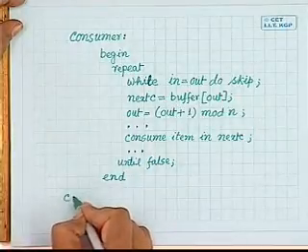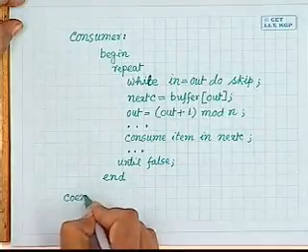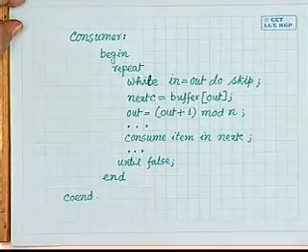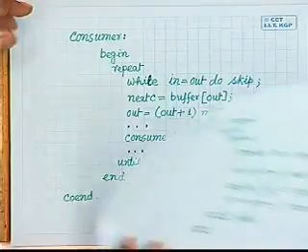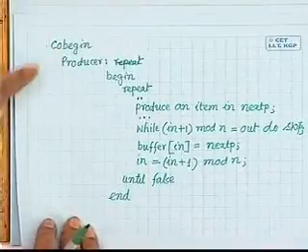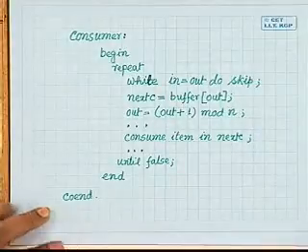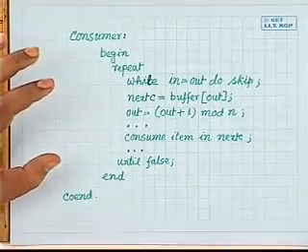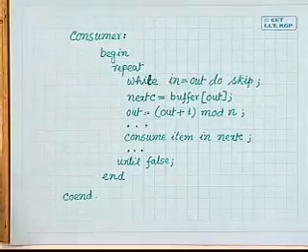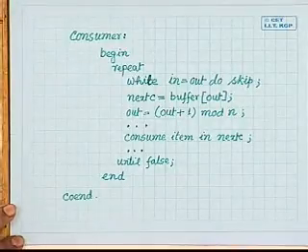And then we'll put the co-end structure. So we have co-begin here and co-end here. These two, producer and consumer processes, are under the same co-begin co-end structure.